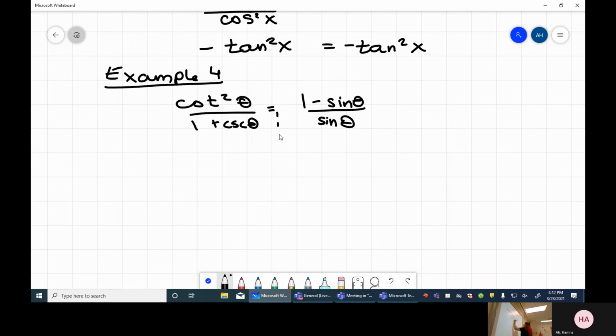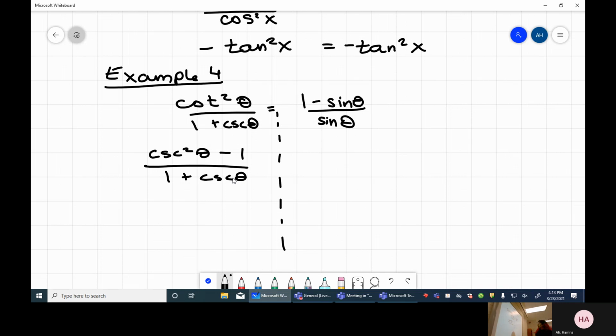And if it helps, you can always draw a dotted line going down to separate them out. So I'm going to start off with the left-hand side, and I'm going to simplify this with factoring. First, we know cotangent squared theta is equal to cosecant squared theta minus 1, so we've rewritten that.